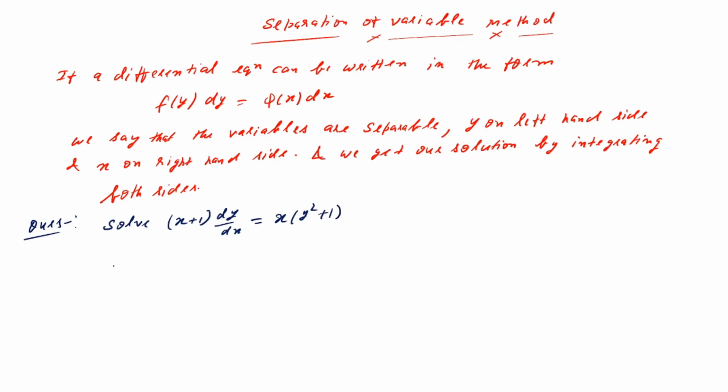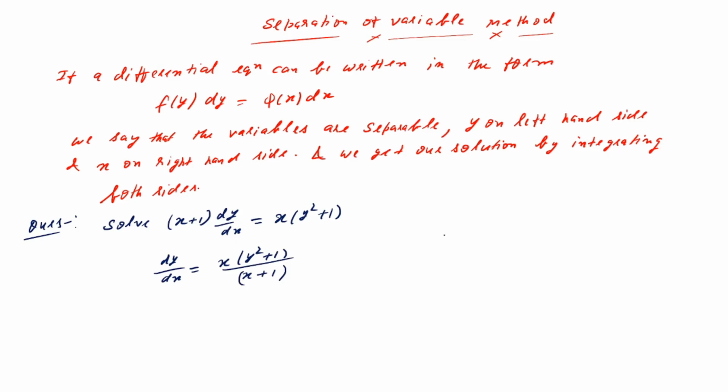So what we have to do in this one, first we write our equation in this way: dy upon dx is equal to (x y square plus 1) upon (x plus 1).